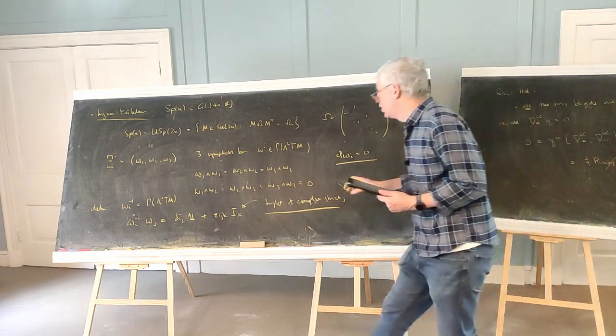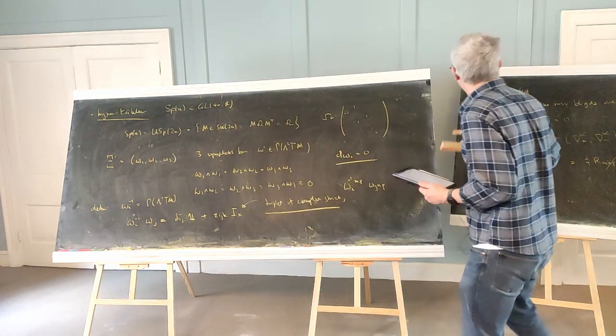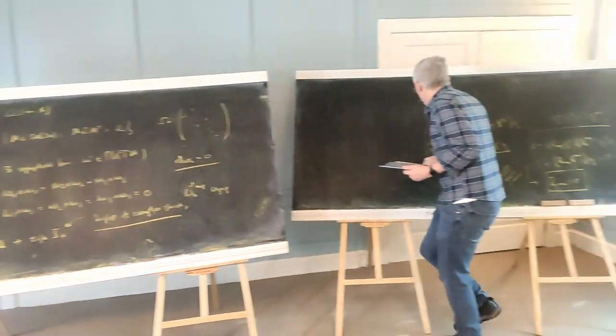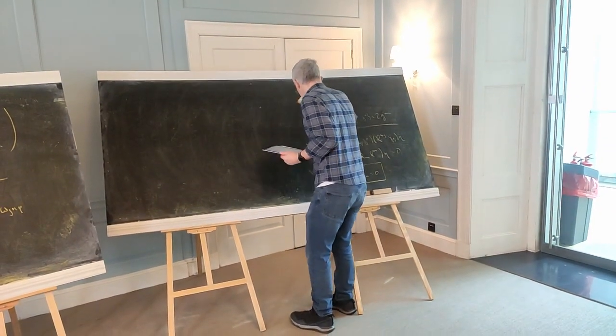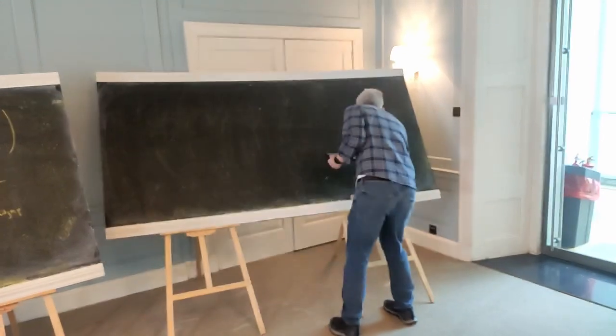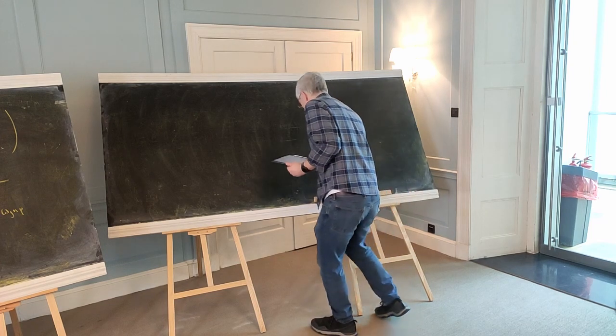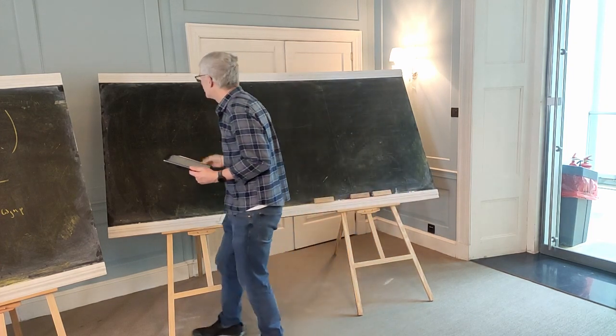These are like the three i, j, k that appear in quaternions.